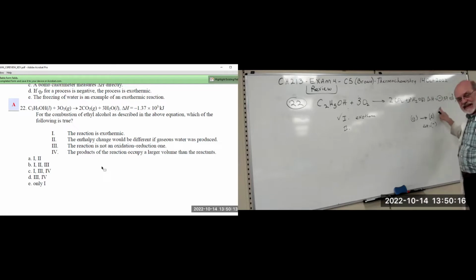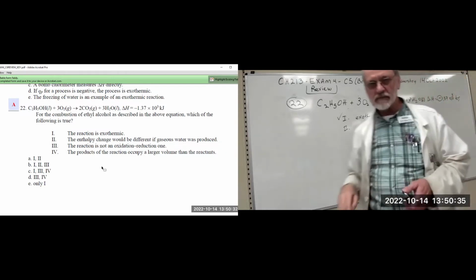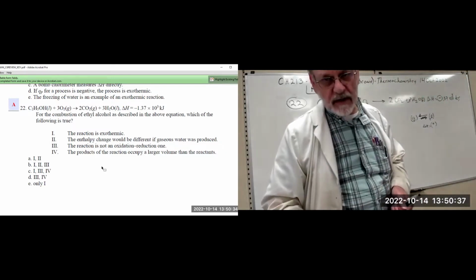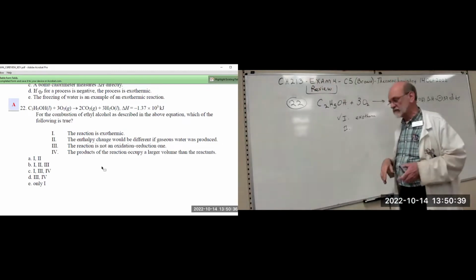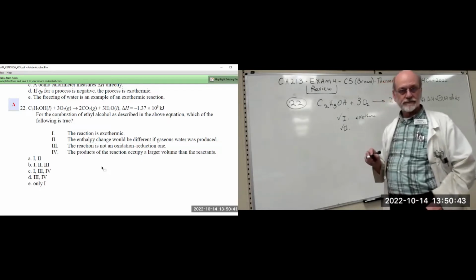It would be less negative because we subtracted that out, right? From going here to here. If we go from here to here, then that becomes positive. So now if it's a gas instead of a liquid, then this value should be less negative. But the change would be different. Right? So that one is also true.